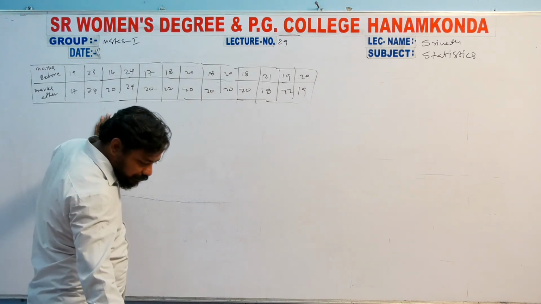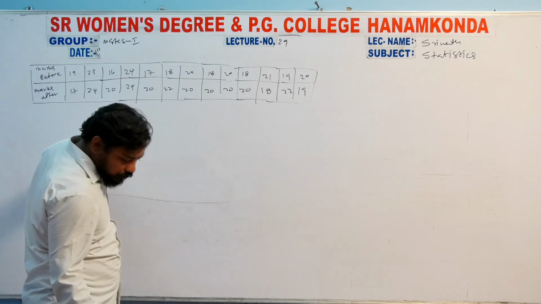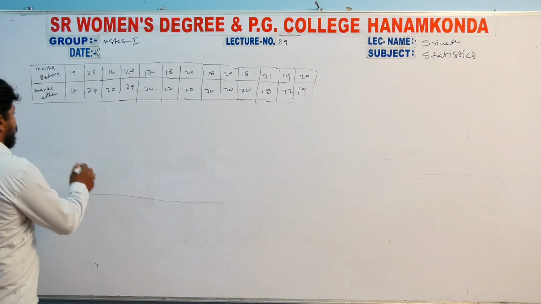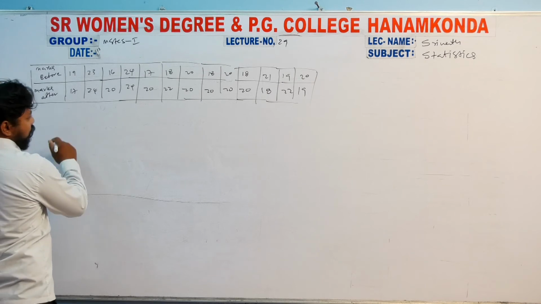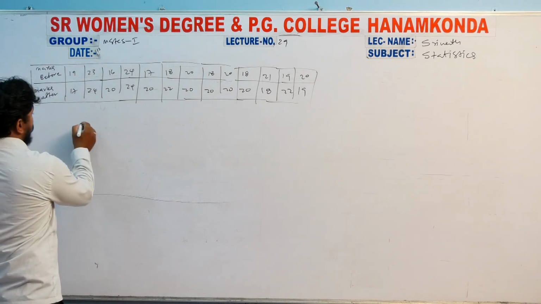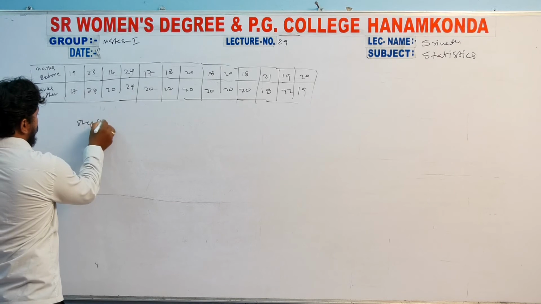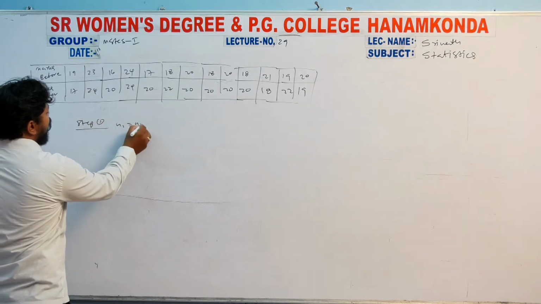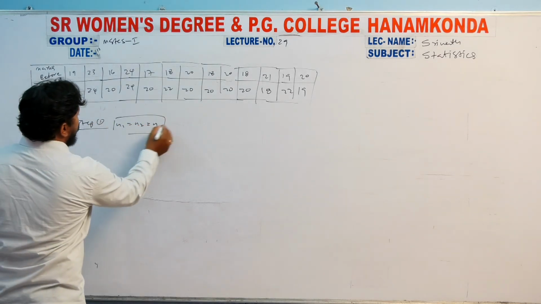So here, step 1, n1 is equal to n2 is equal to n, that should be equal to 11.